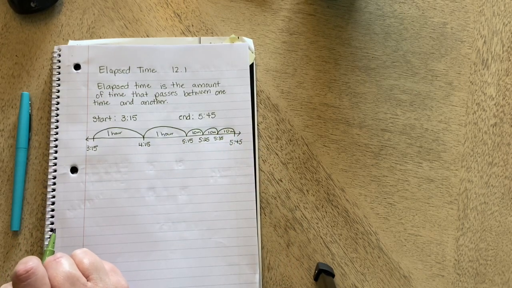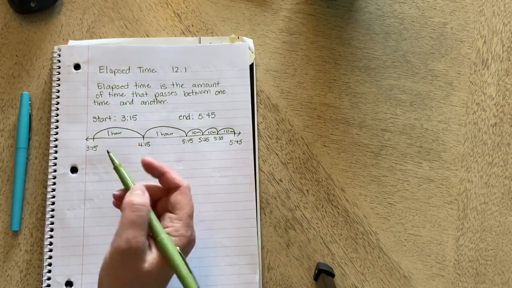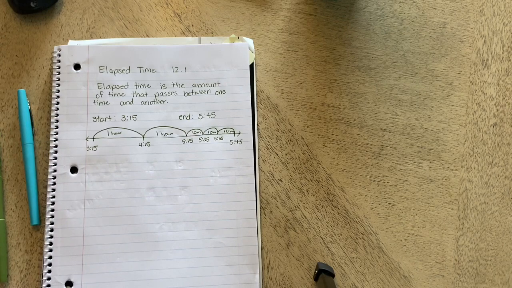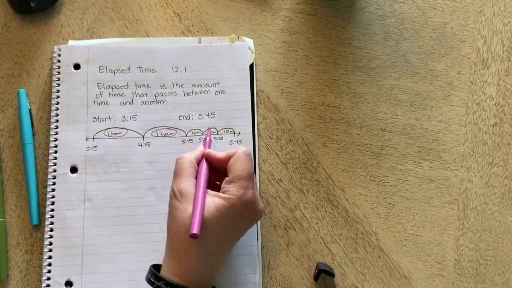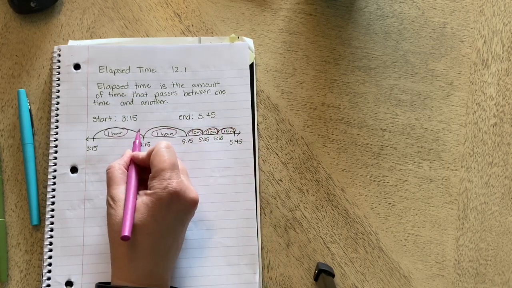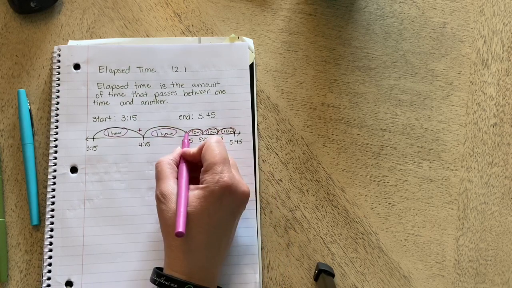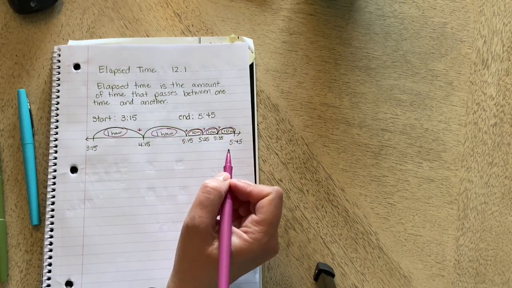Now, in order to find how much time is in between, we need to look at these jumps. We add them together. 1 hour plus 1 hour plus 10 minutes plus 10 minutes plus 10 minutes.